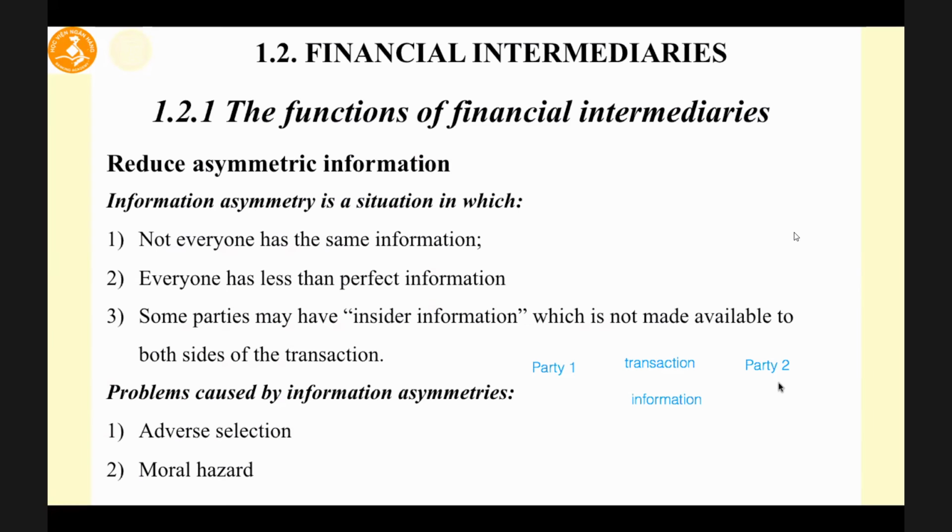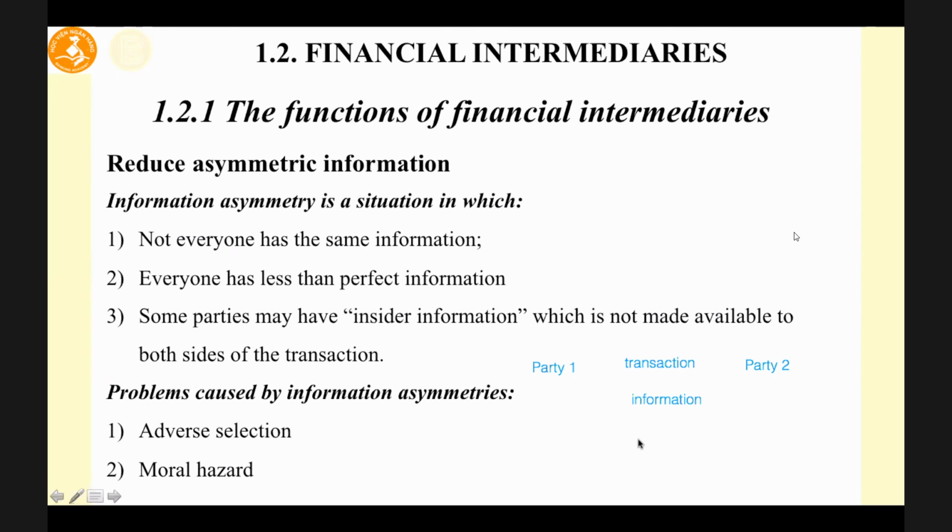However, in reality, the information that party 1 can get is always different from the information that party 2 can get. It is one type of information asymmetry.